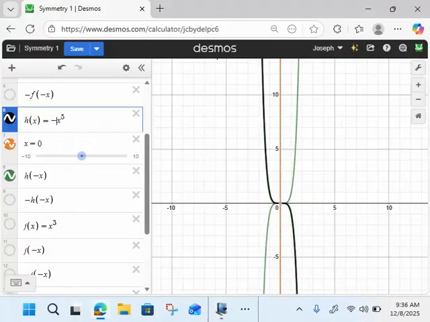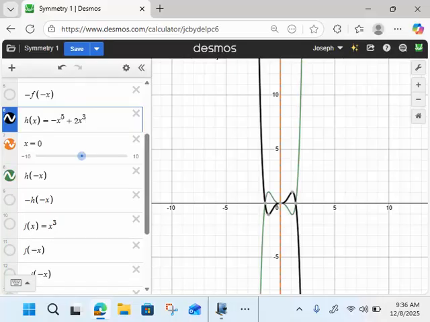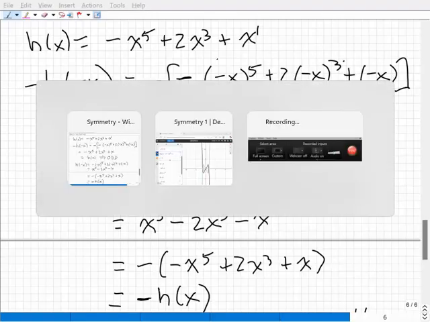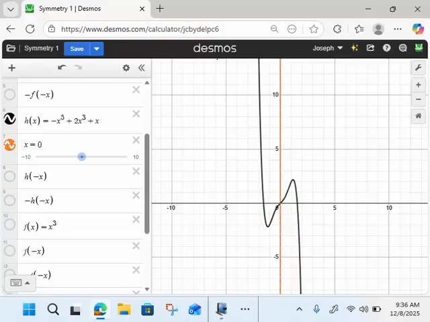Negative x to the 5th plus 2x cubed plus x. Is that it? Minus, plus, plus? Yeah. All right. Let's hide this thing. Go away, go away. All right. So the left side is an upside down right side. Boom. Look.